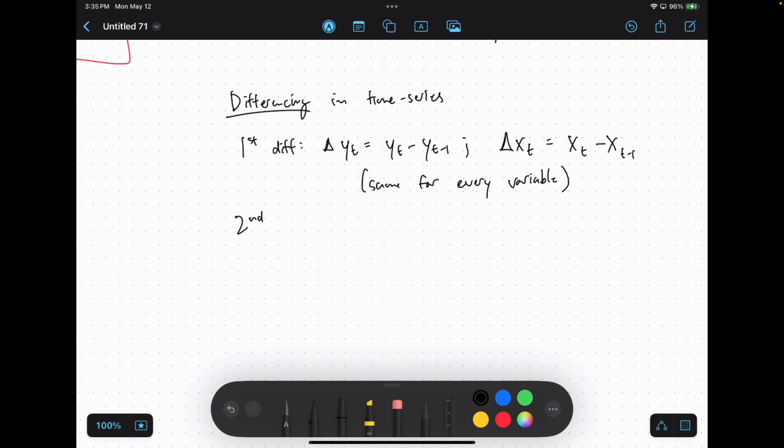Then the second diff, you can continue doing the exact same thing. So you can continue differencing if non-stationarity is still present.